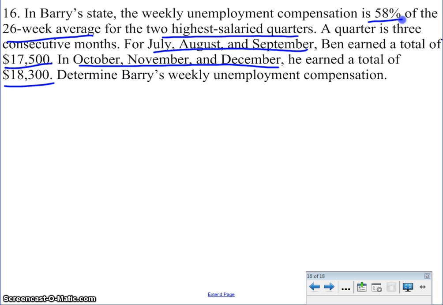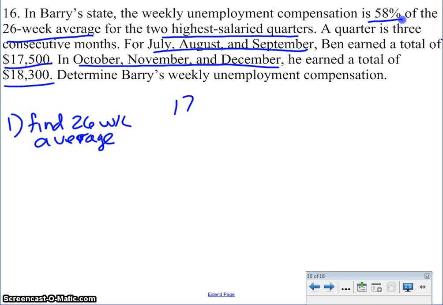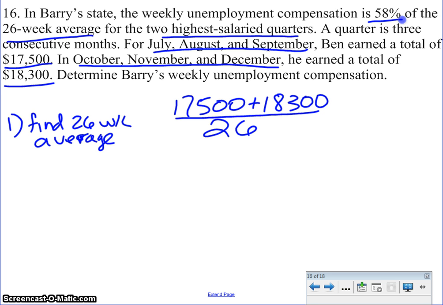So the first thing we're going to do is find the 26-week average. And we're going to do that by adding those two values together, remembering that each quarter represents 13 weeks. So 13 plus 13 is your 26 weeks. So we're going to take that value and divide it by 26.